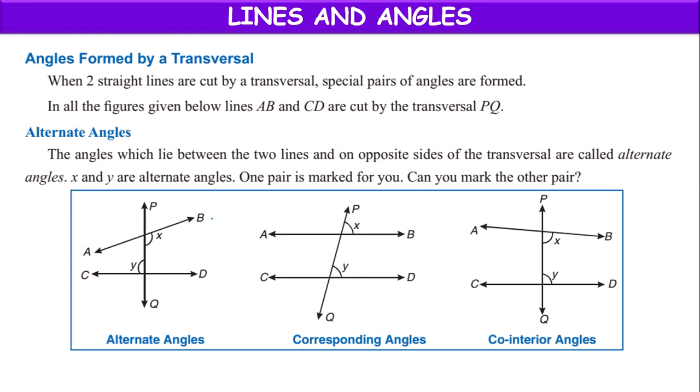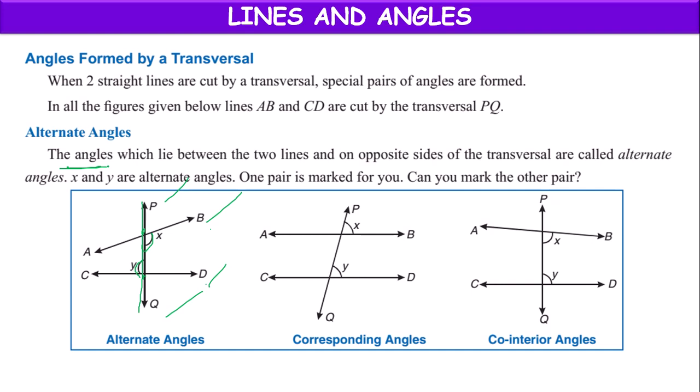So here, AB is a straight line, CD is a straight line. These two are straight lines. These two straight lines are cut by the transversal PQ at two different points. At one point, this side, angle X. At one point, this side, we have angle Y. These two angles are equal.